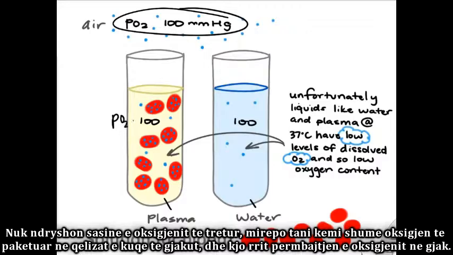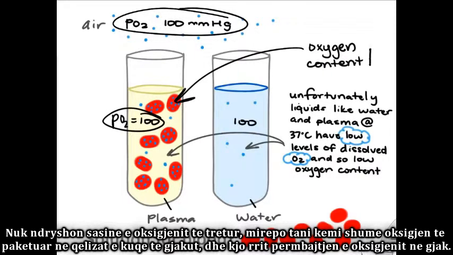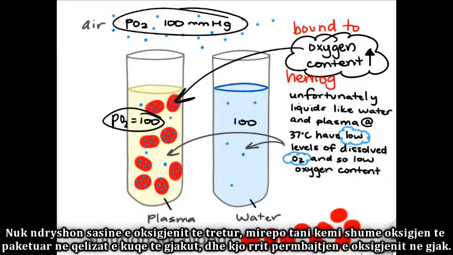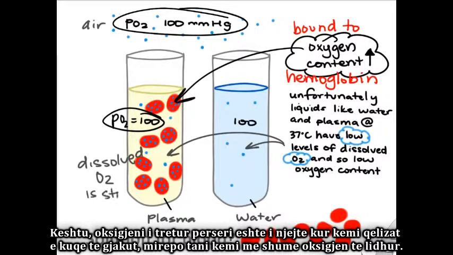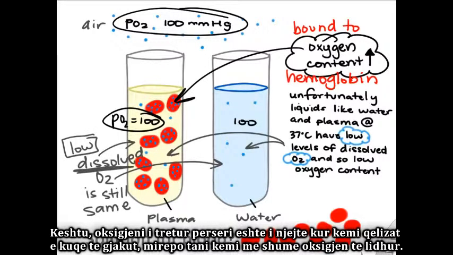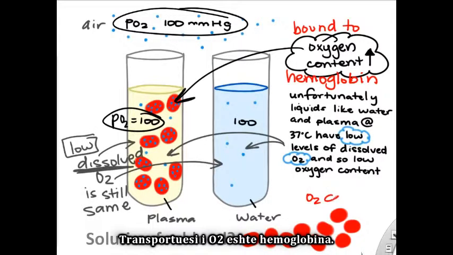It doesn't change the amount of dissolved oxygen, but now we have a lot of bound oxygen in our red blood cells, and this increases the oxygen content in our blood. The dissolved oxygen is still the same, but now we have lots and lots of bound oxygen. And that O2 carrier, again, is hemoglobin.